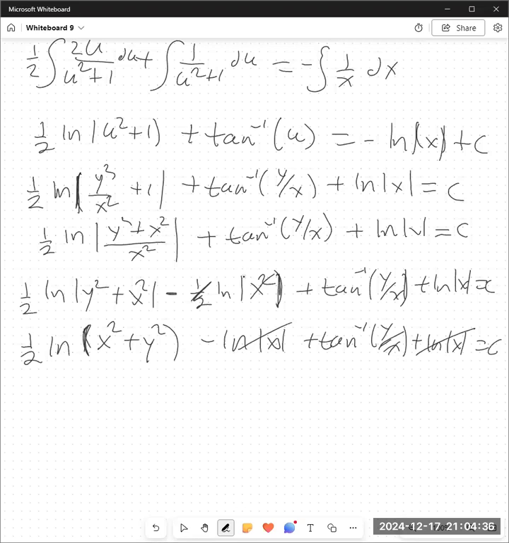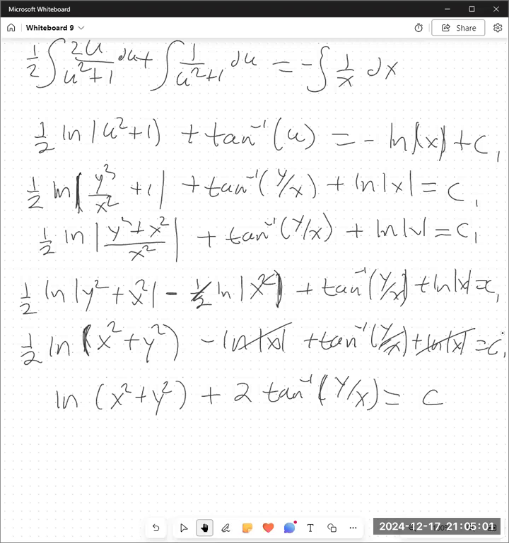This and this zero each other out. I'd like to get rid of that 1/2, so we'll call these things here c1 and multiply by 2: ln of x squared plus y squared plus 2 arctangent of y over x is equal to 2c1, which is going to be c2, which I'll just call c in my final answer.